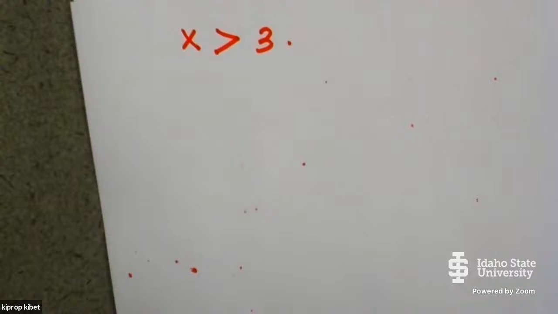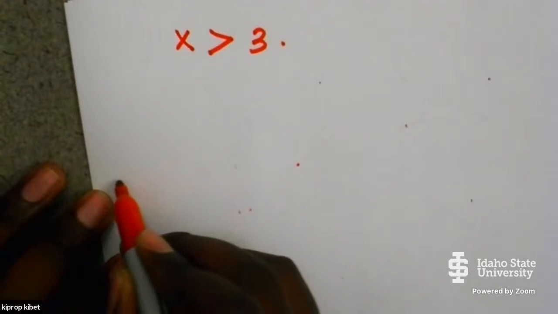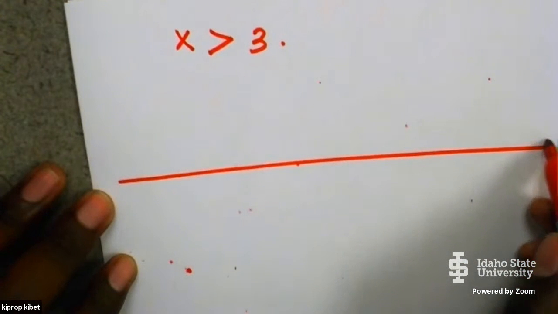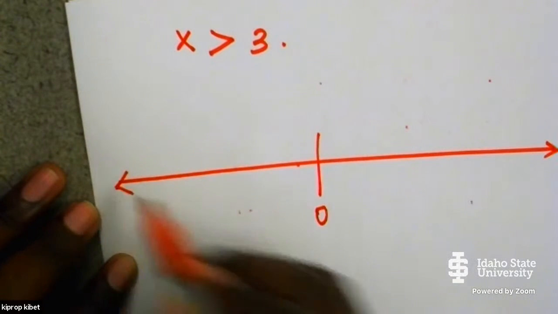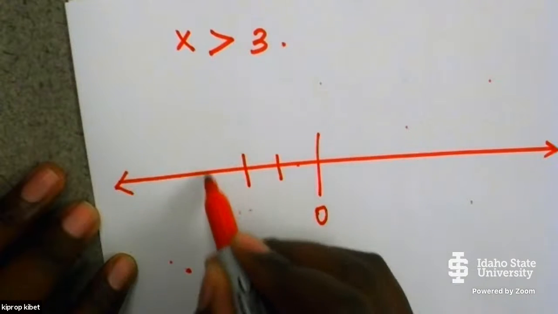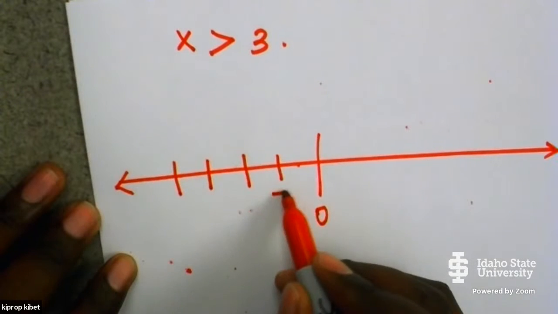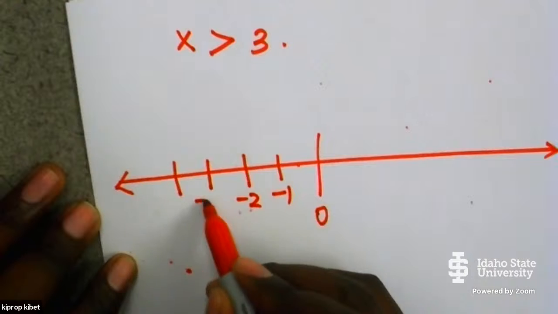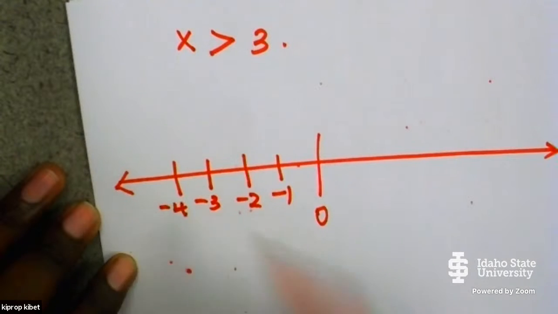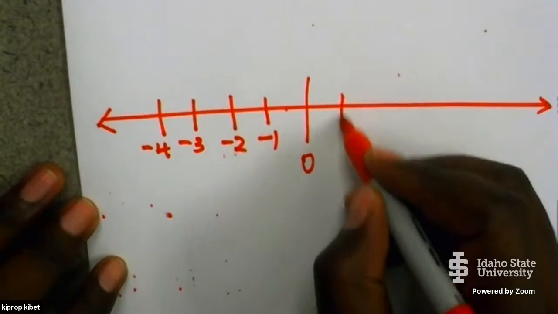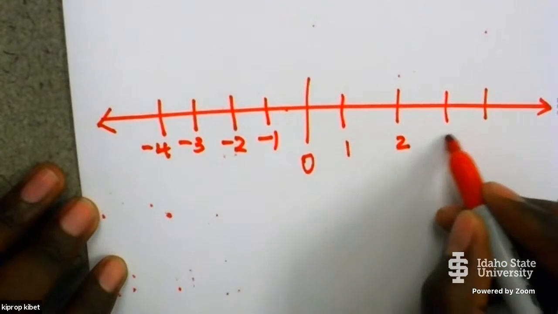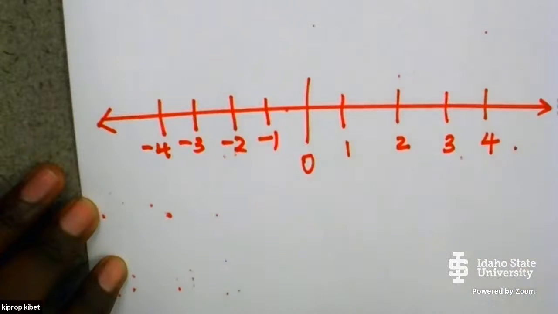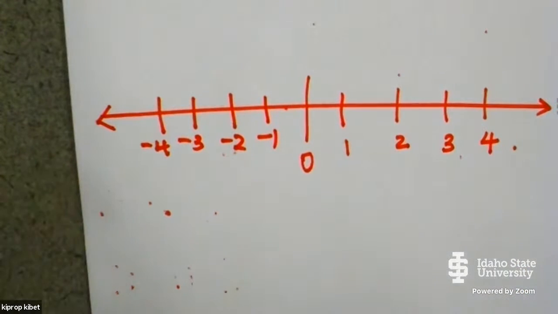Our number line is of this form. You start from 0 here. The negative values are on this side: -1, -2, -3, -4. Then the positive values are here: 1, 2, 3, 4, and you continue like that.